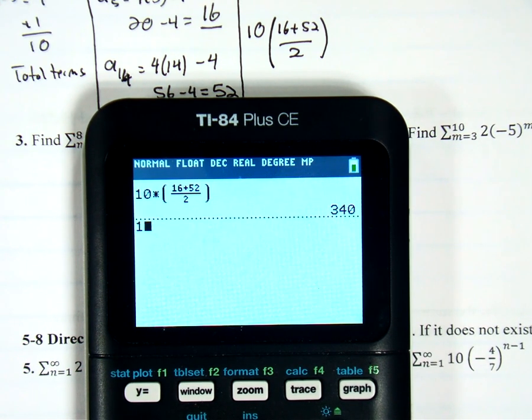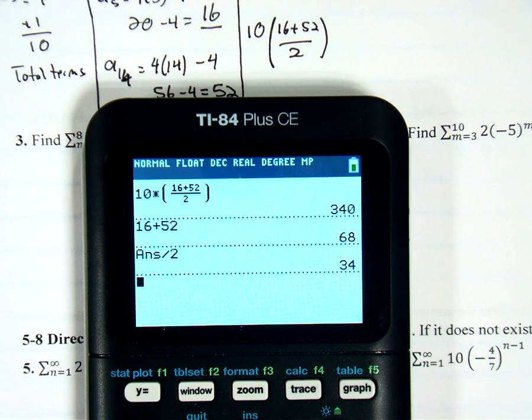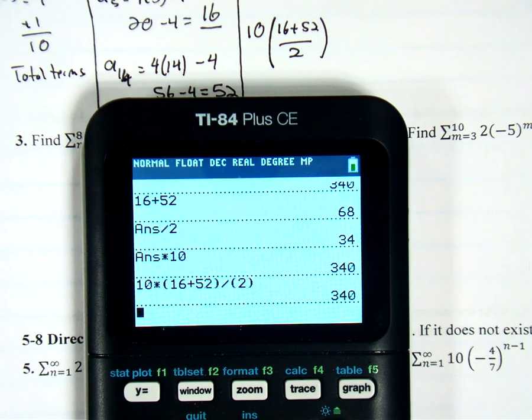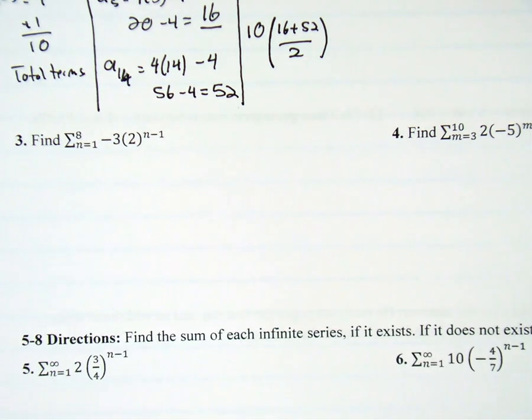You could do 16 plus 52, divide that by 2, and then times 10, still going to get the same thing. You could do 10 times parentheses, 16 plus 52, closed parentheses, divided by parentheses 2 on the bottom. Okay, all kinds of different ways to get there. Whatever way works best for you in your brain, we should be getting 340.